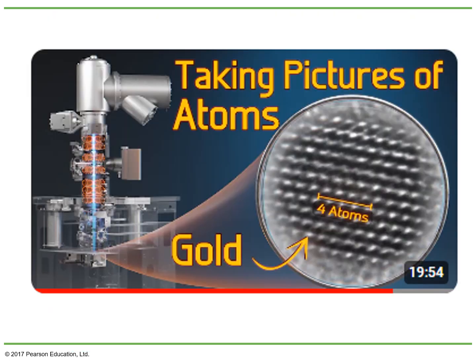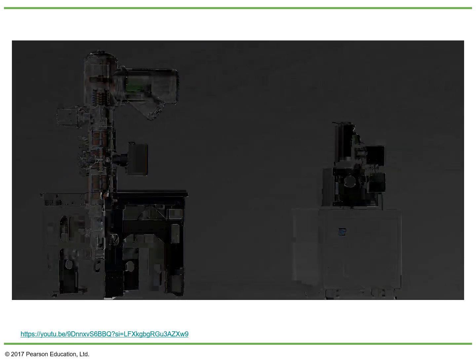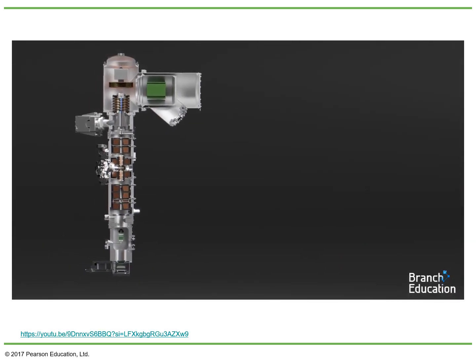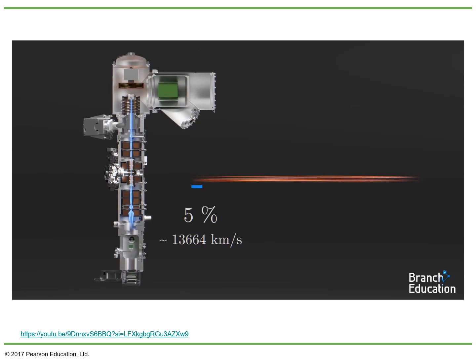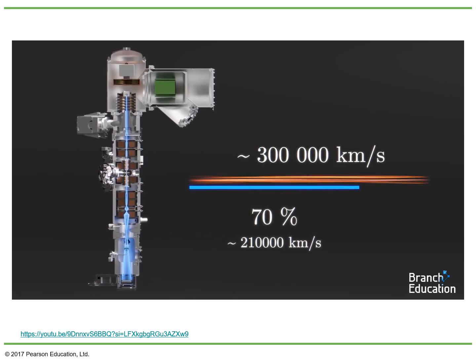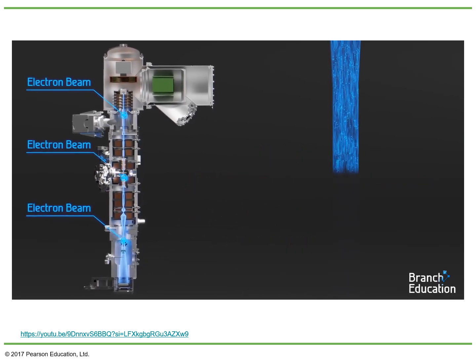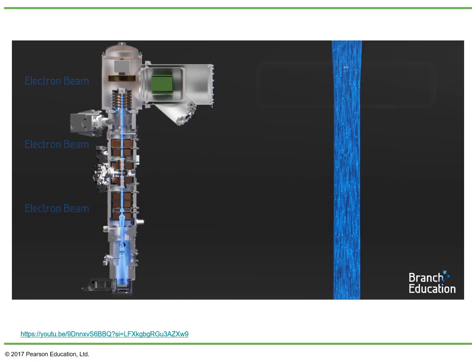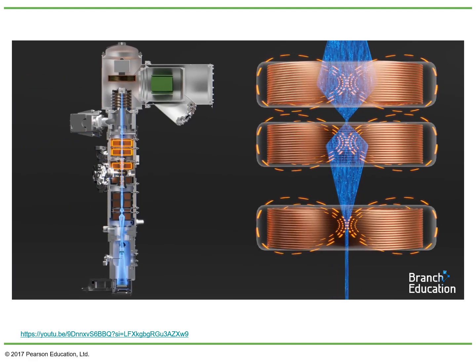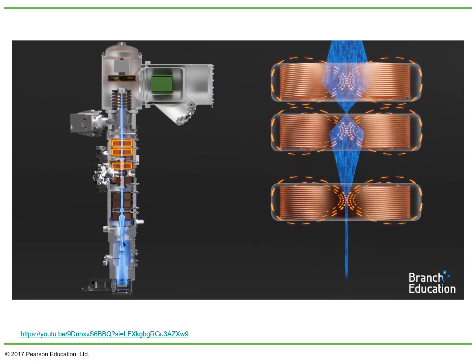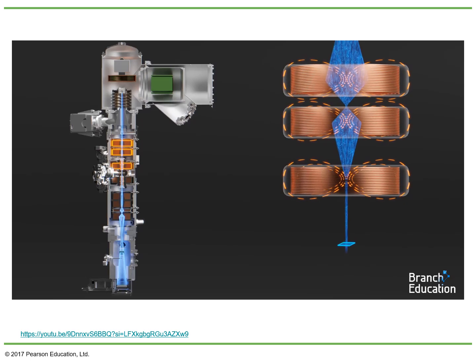Okay, so again, we're going to watch just 2 more minutes of this video that explains very well how this microscope works. Behind a TEM is that it generates electrons and accelerates them to around 70% the speed of light, thus creating a beam of electrons. Next, a series of magnetic lenses focuses the electrons down to a small area and shoots or transmits these electrons through the specimen that we're looking at.